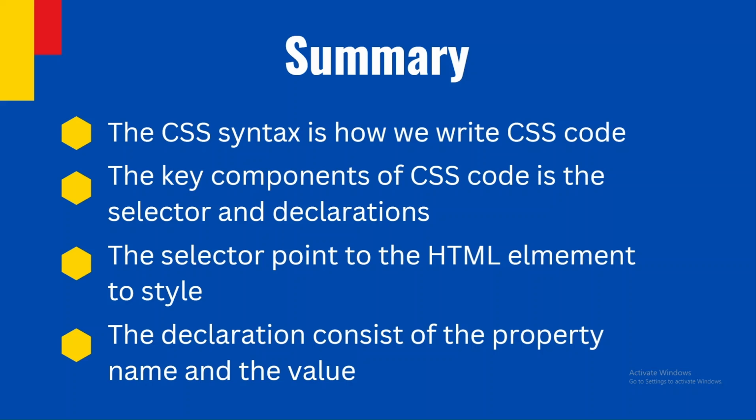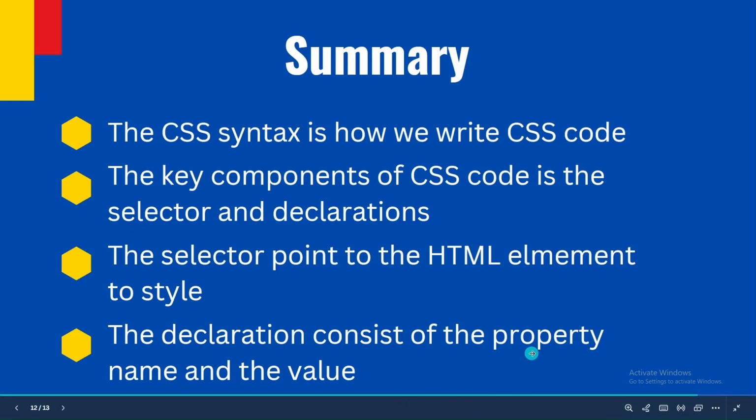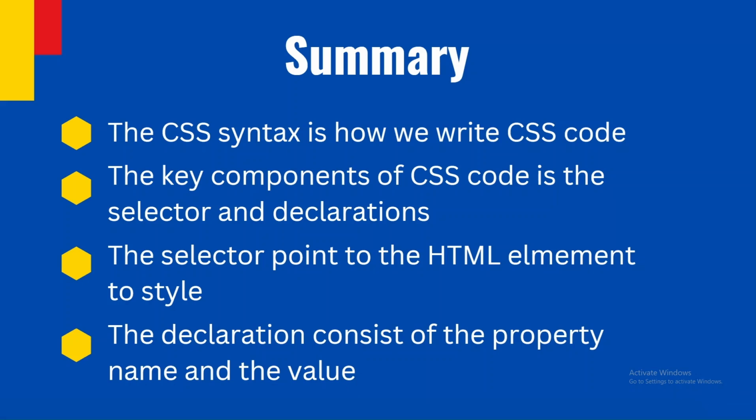Then you move on to a declaration block. In that declaration block, you make your declarations. The declarations are the rules, or what you want to apply to the selected element to style it. So the declaration will consist of a property name and the value. Now there are different CSS property names that you come across during this lesson, and then the corresponding value you need to use.